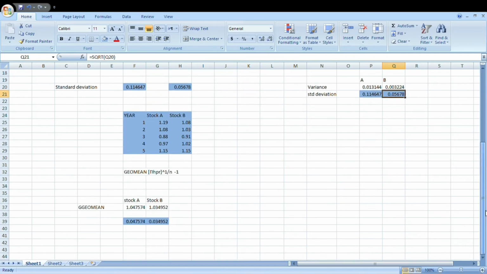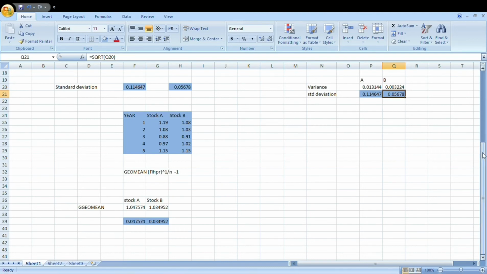After the standard deviation, there is the geometric mean. As you've seen, stock A has more variability than stock B. The greater the variability of return, the greater the difference between the arithmetic mean and the geometric mean returns. So we select stock A in this scenario.